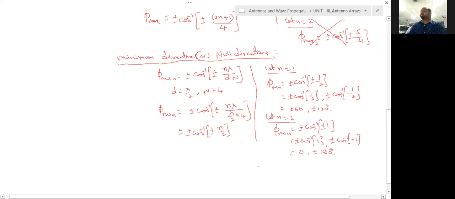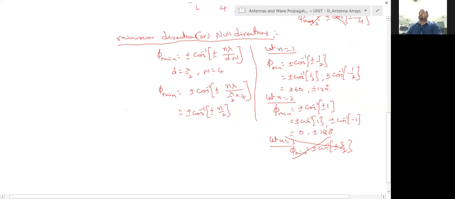And let n is equal to 3. So phi minima is equal to plus or minus cos inverse of plus or minus 3 by 2, which is greater than 1, so therefore it does not exist. n is equal to 3 is not possible.